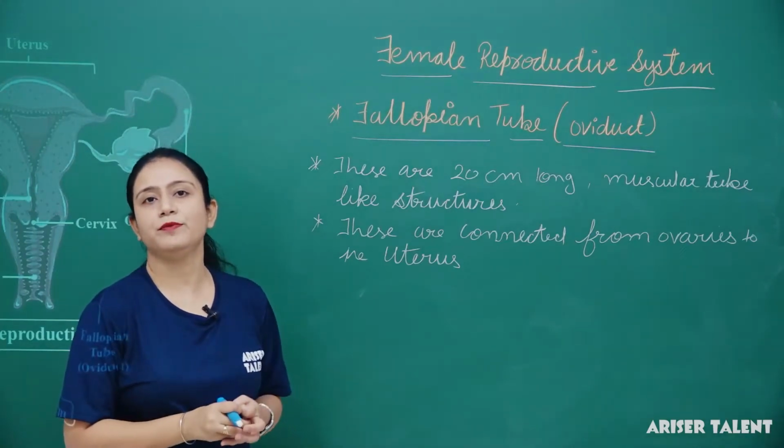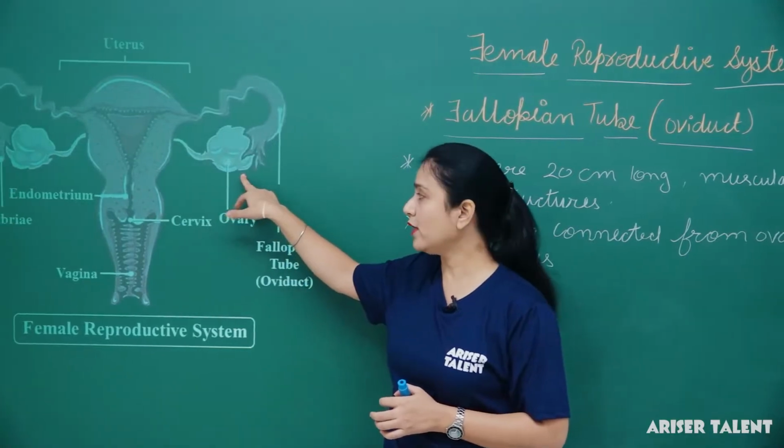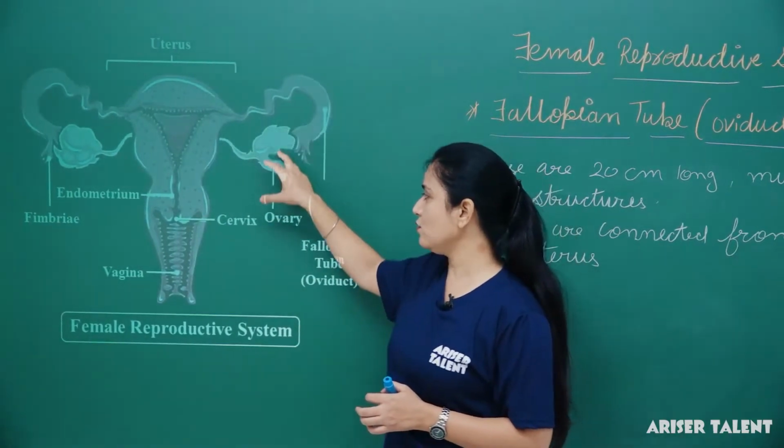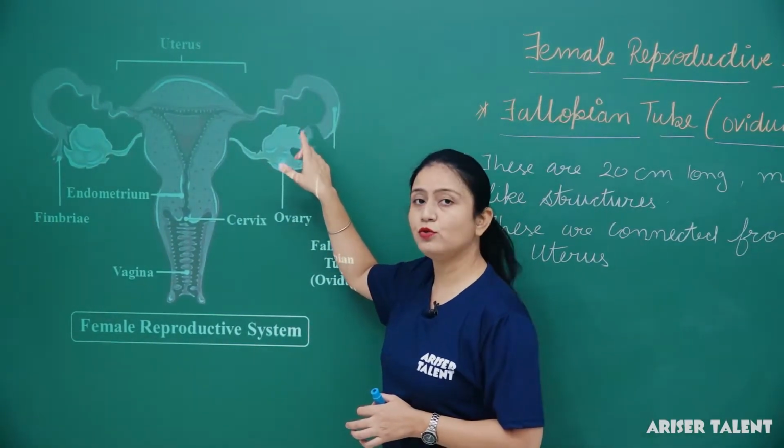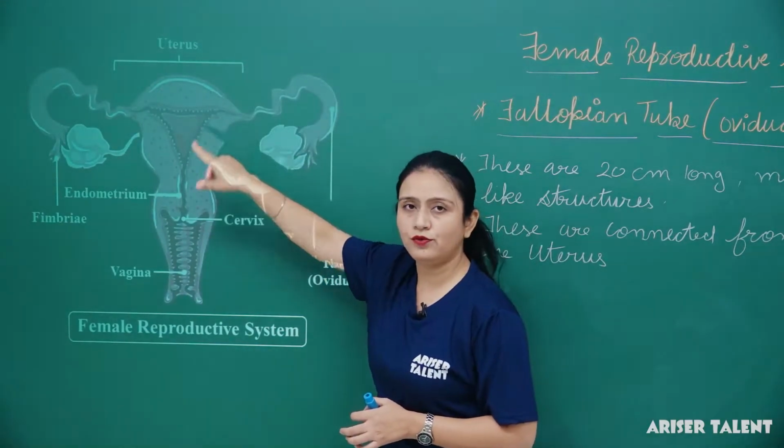The function of the fallopian tube is that it carries whatever ova are produced here. So these ova are produced in the ovary, then this fallopian tube carries the ova from the ovary and takes it to the uterus.